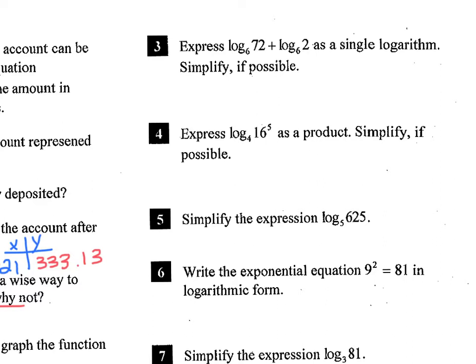Alright, in order to make this into one single logarithm, we are going to combine the log 6's because they're both the same base, and whenever we see an addition problem, we are going to multiply the big numbers. So we need to multiply 72 by 2, and it will become log base 6 of 144.